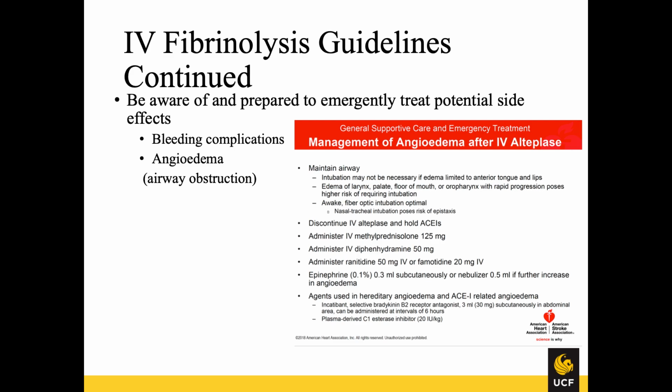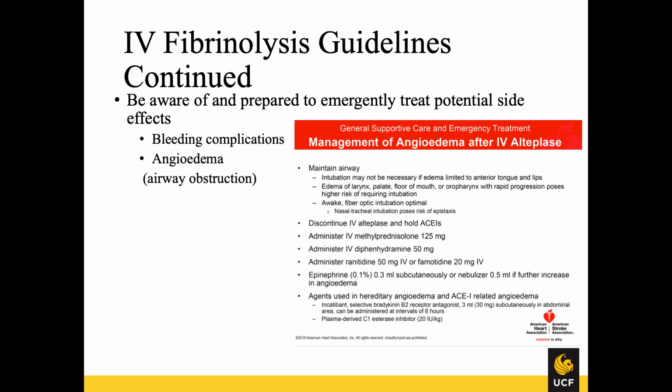You may not need to intubate the patient, but if they're starting to demonstrate stridor and you're really worried about occlusion of the airway, go ahead and initiate your drug-assisted intubation, which is what they're calling it now, and intubate them, okay?